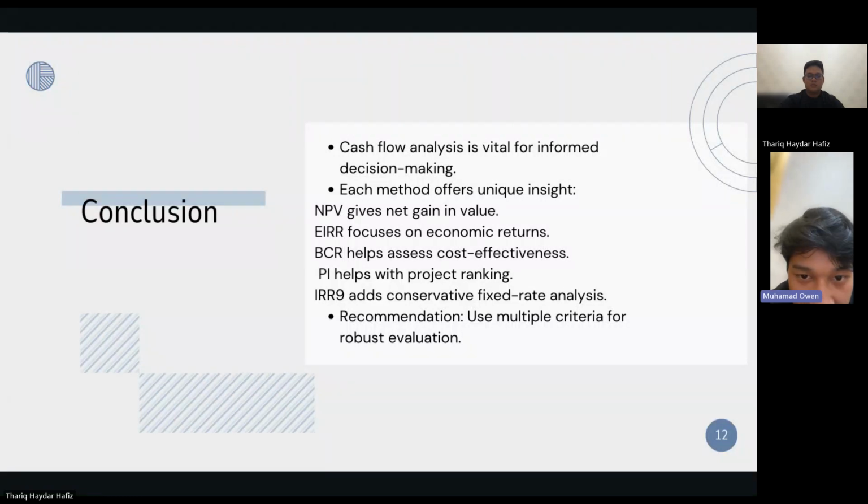And the last one is the recommendation: use multiple criteria for robust evaluation.